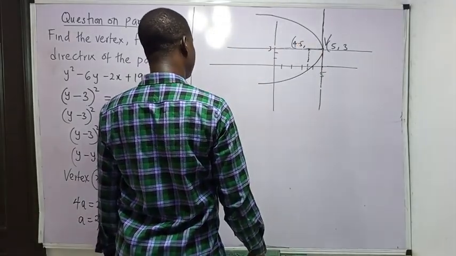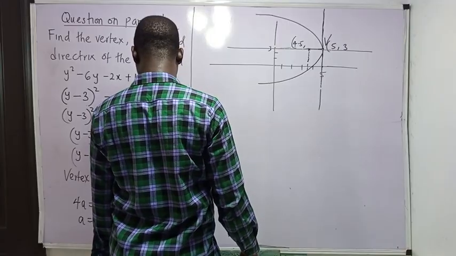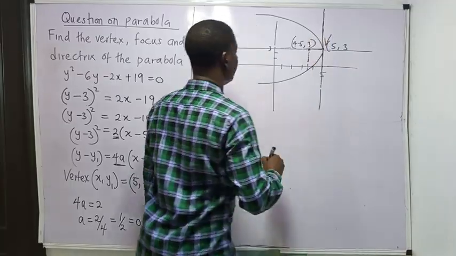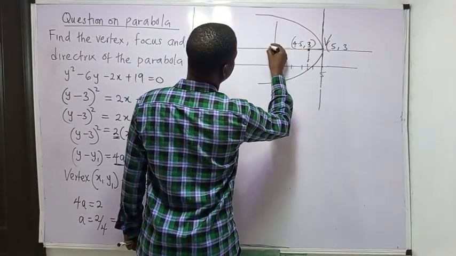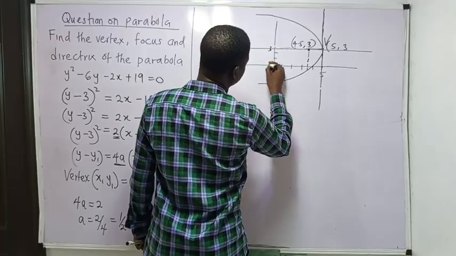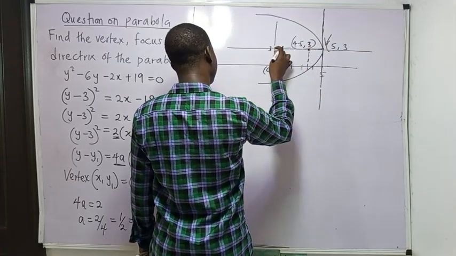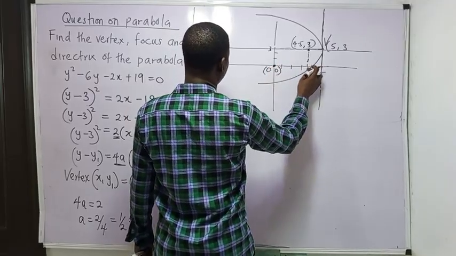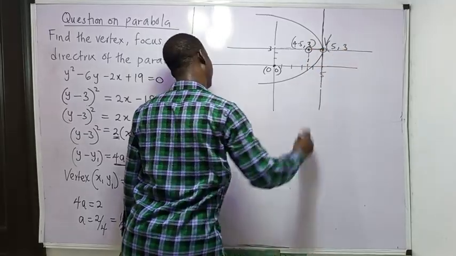What is now our x coordinate, 4.5, and the y coordinate remains 3. You see now? Because this is your origin, you measure your focus from the vertex, but taking note of the origin. From here to this place is 4.5, from here to here is 3. If you plot this point, that gives us the focus.